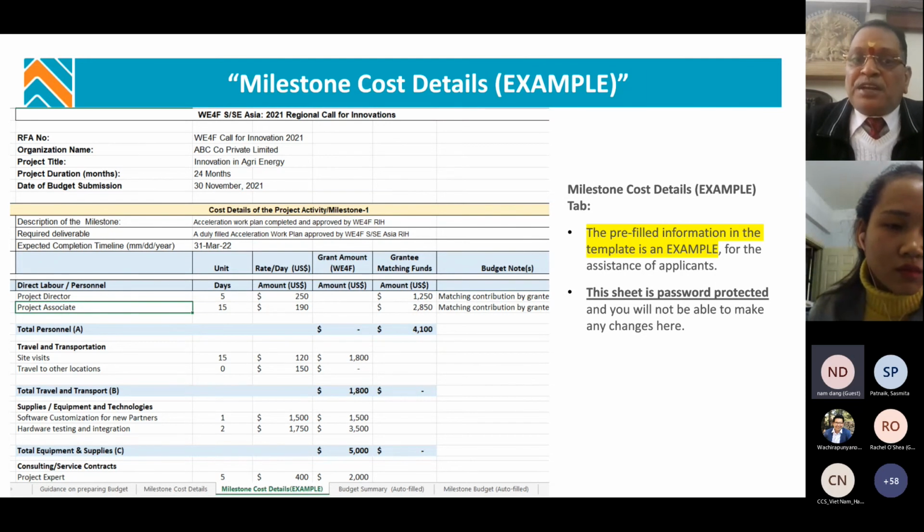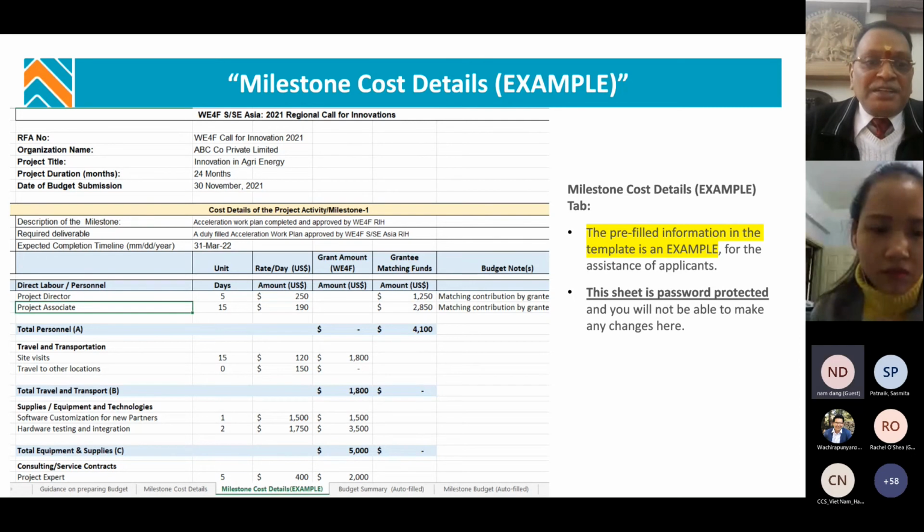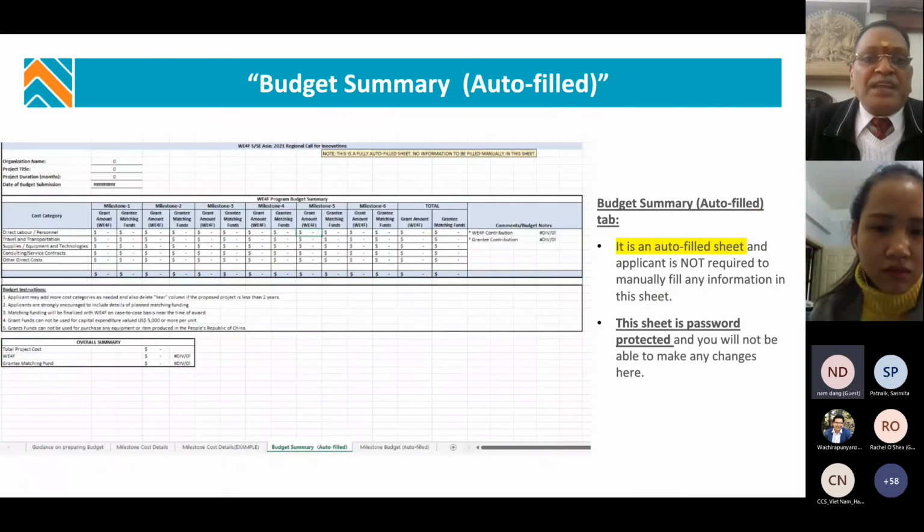This sheet is password protected because it is just an example. You don't need to insert any information here. That is just for your reference. Ashwini, next slide, please. Thank you.